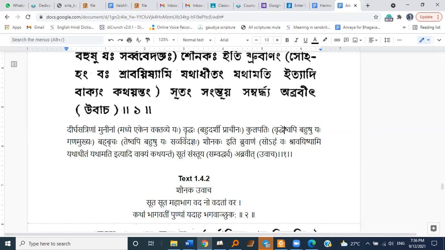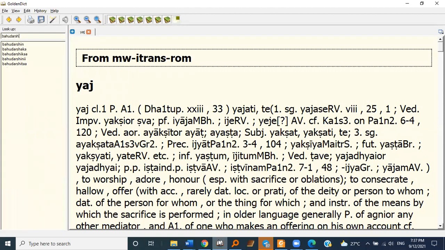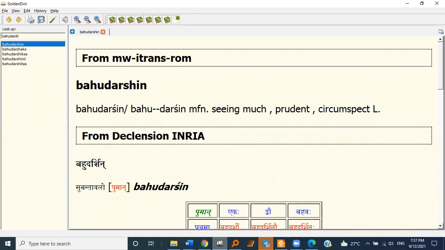Dirgha Satrena Munina Vriddha. He was the oldest Bahudarshi, and Bahudarshi means, how can you translate Bahudarshi? Like visionary, we can say.